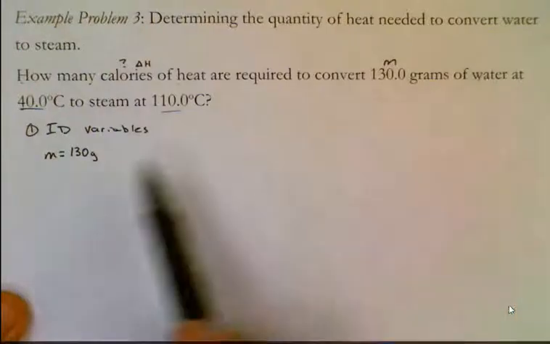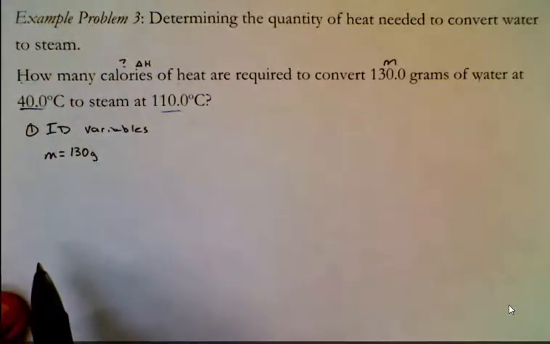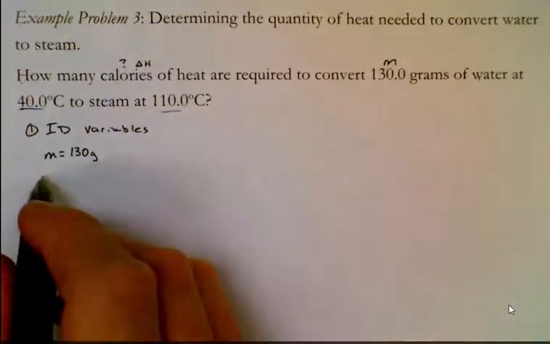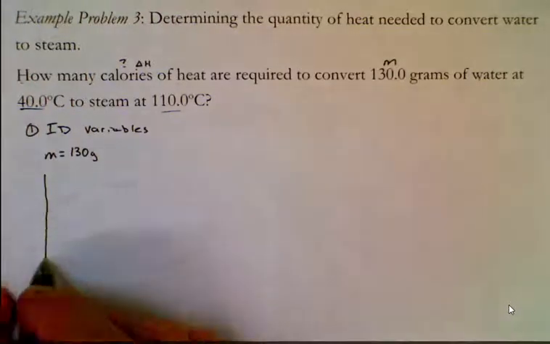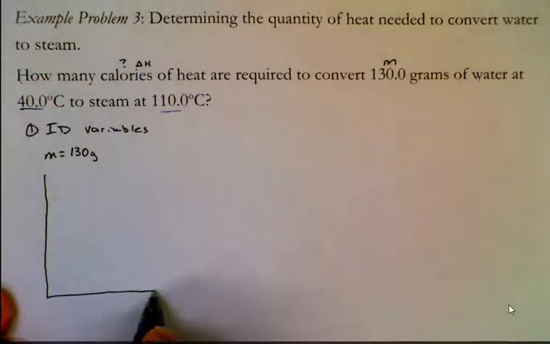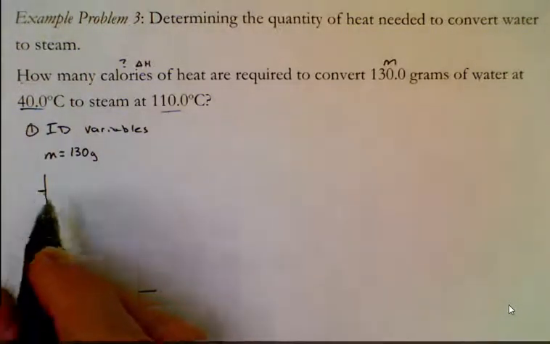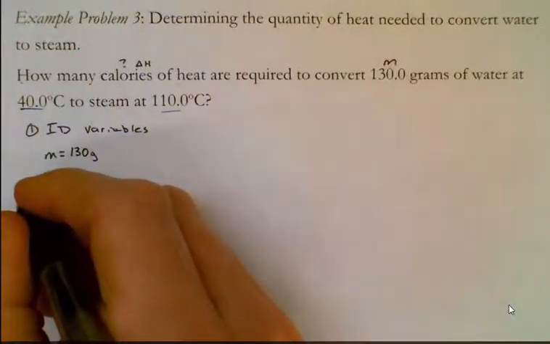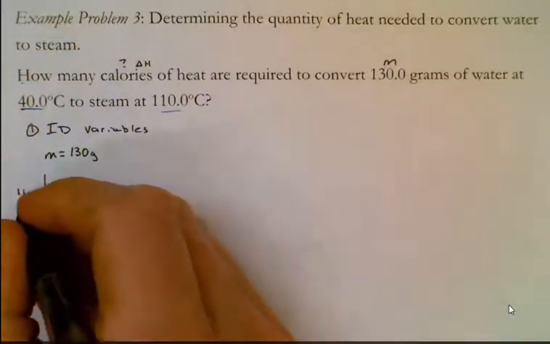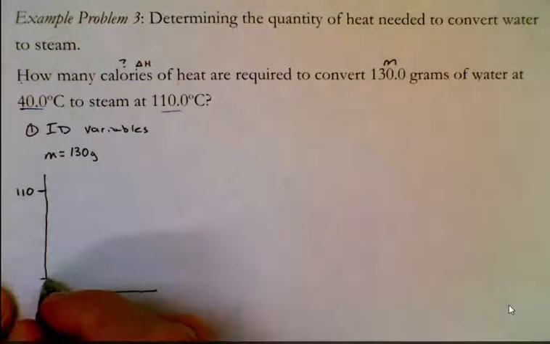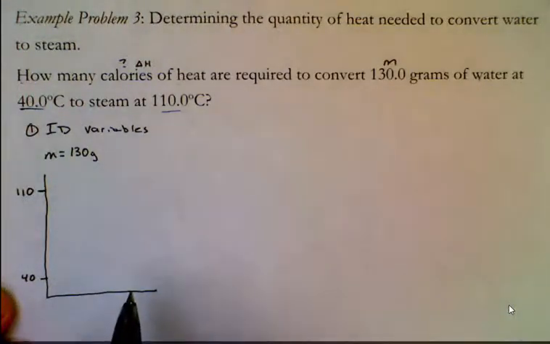Steam and water are two different phases, which means that we need to draw a graph to analyze our other variables. So start by drawing a graph. On that graph, place the two temperatures that are given to you, the 110 and then the 40. Again, these graphs don't have to be to scale, they're just to help us organize our thinking.